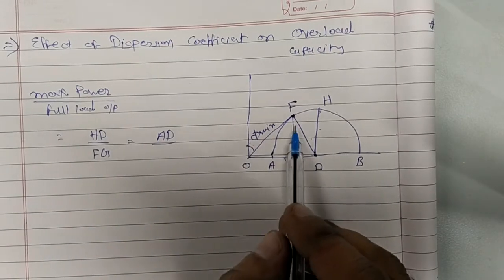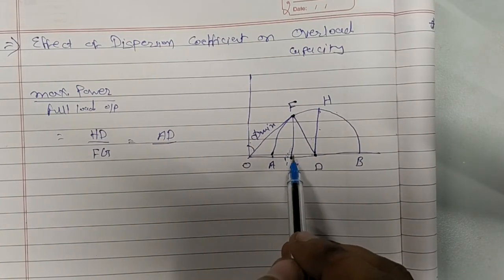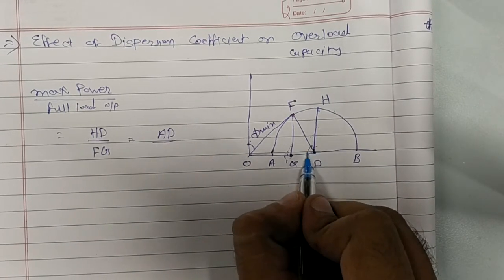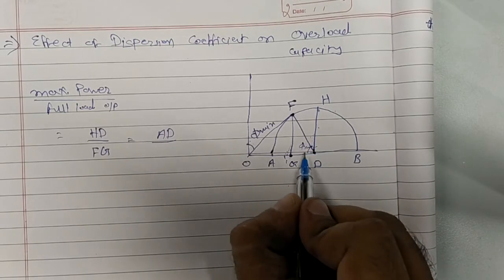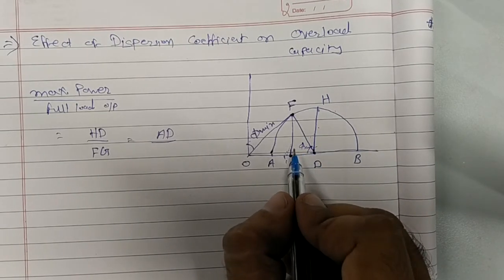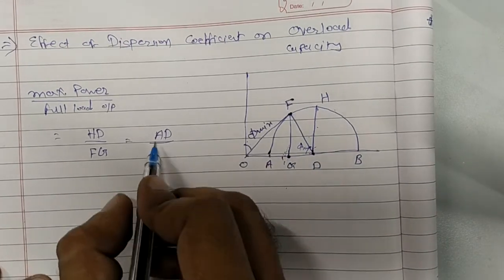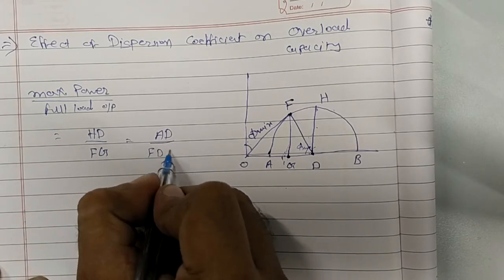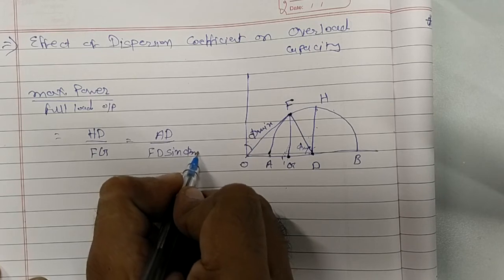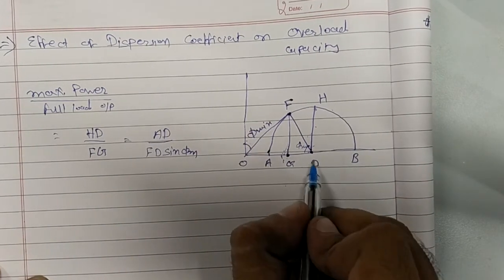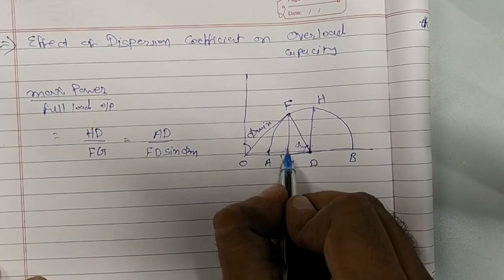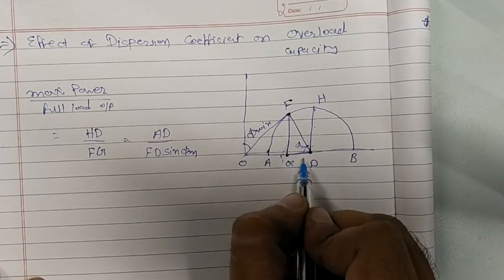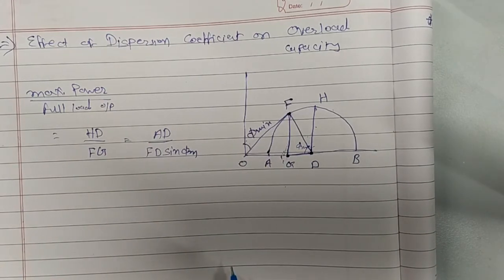And for Fg, we can indicate the angle phi over here, phi minimum. Instead of Fg I can write Fd sin phi m. I have considered the triangle DGF. From the triangle DGF this is the relation.